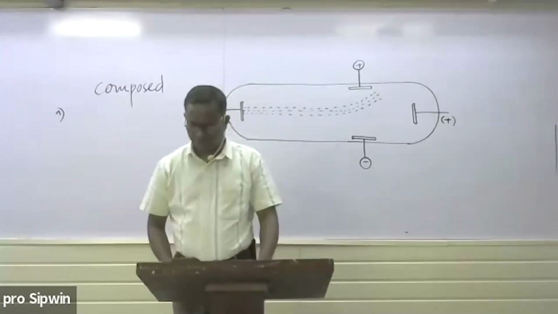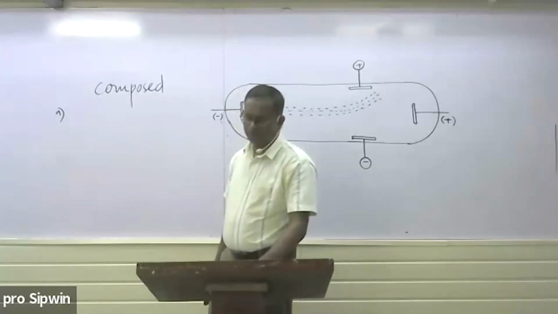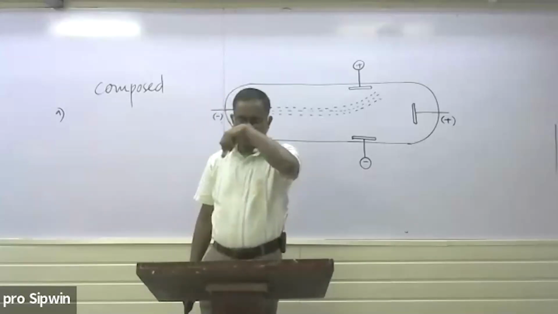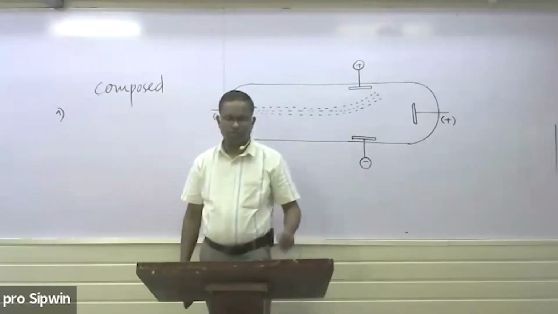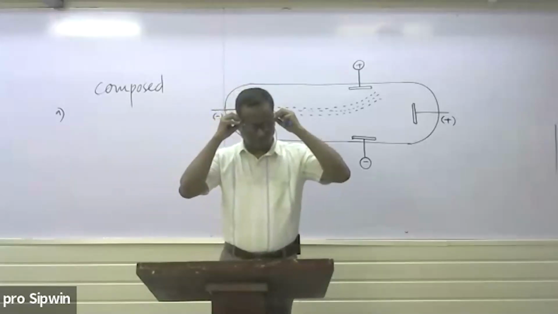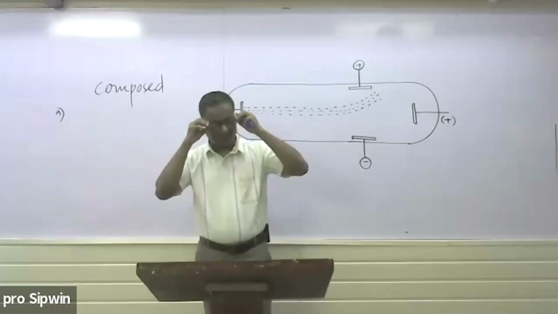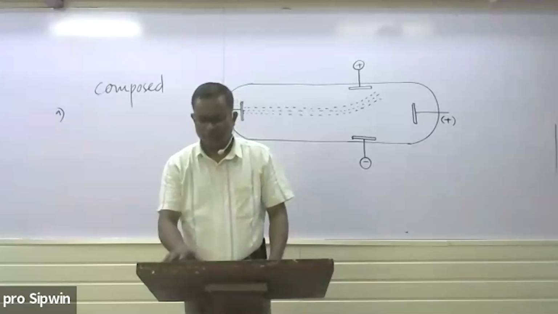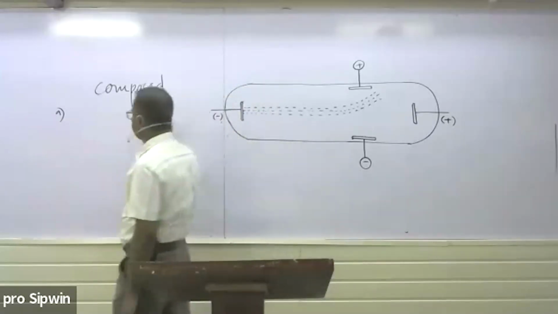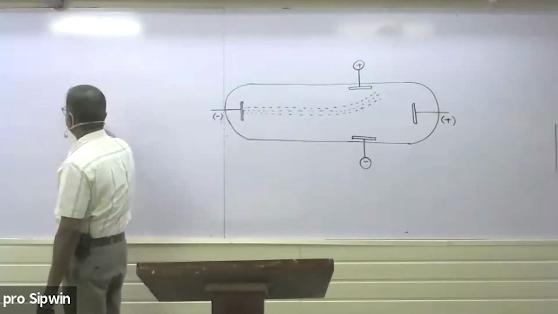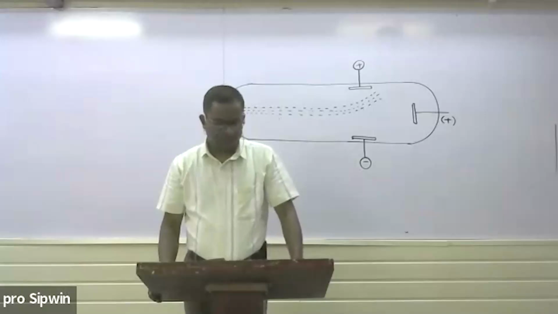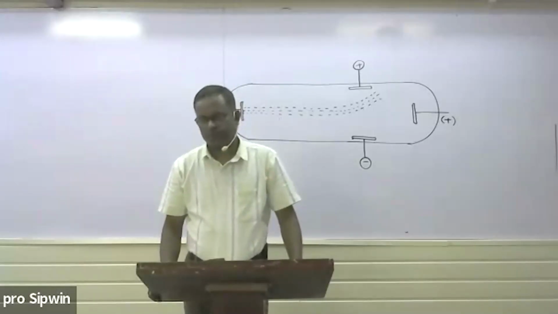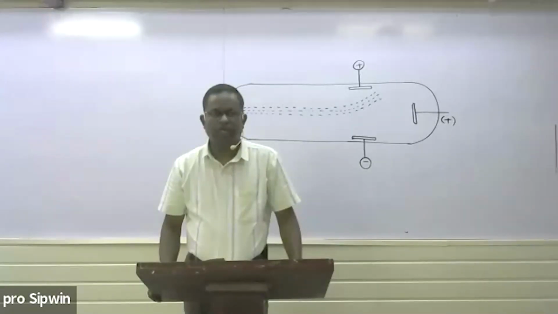Simple A: cathode rays are attracted towards the positively charged plate, the positively charged metal plate, when allowed to pass through an electric field.